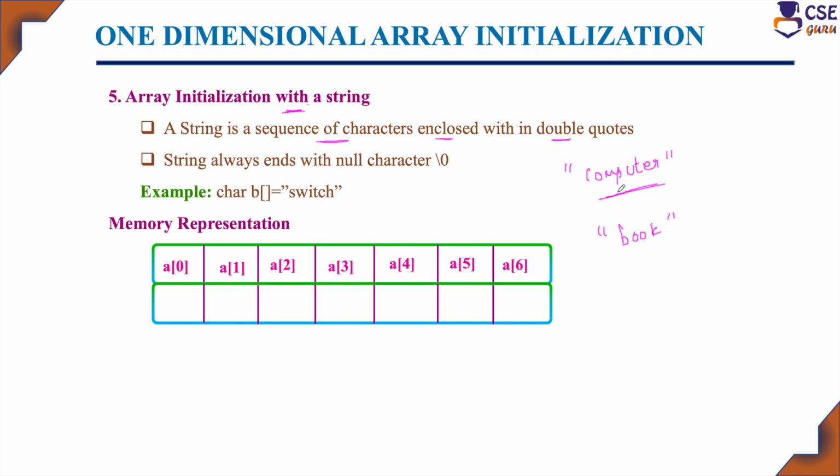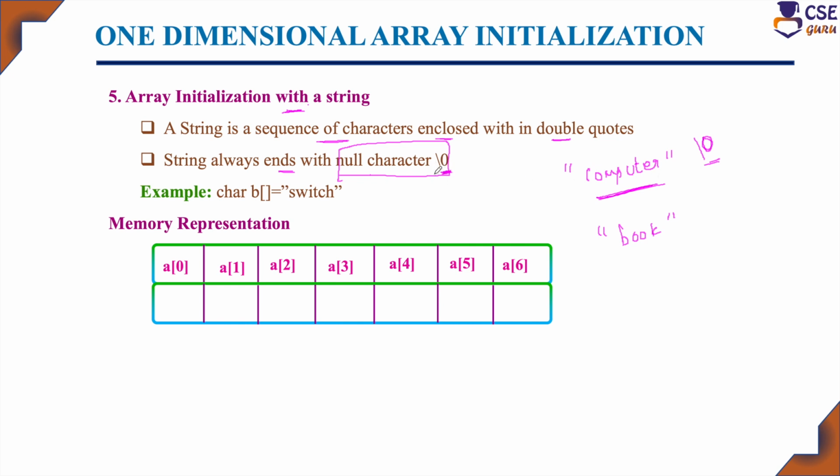And in a string, what is the special thing? The string always ends with a null character. What does this null character mean? Whenever you are reading or printing the string and you encounter the \0, it means we have reached the end of the string. So whenever you store a string in memory, you need to allocate one extra memory location to store this null character.